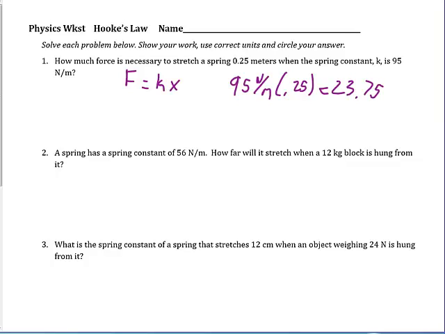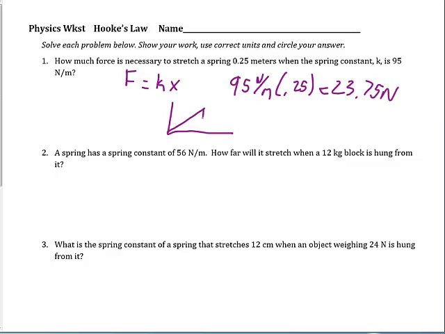Okay, and if we wanted to figure out how much work we did stretching that spring, well, this is a little bit weird because the graph looks like this. The more we pull this thing back, the more force we need. So the force isn't constant. So the work done to stretch this spring is not 23.75 newtons times the distance 0.25, right?